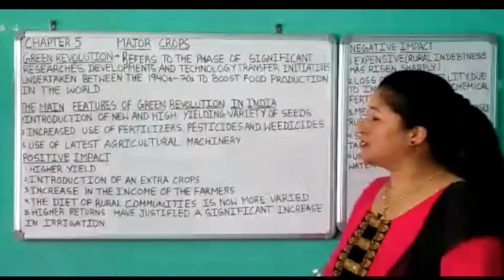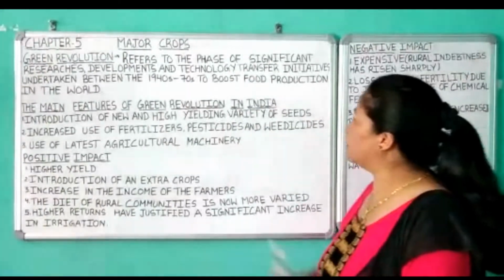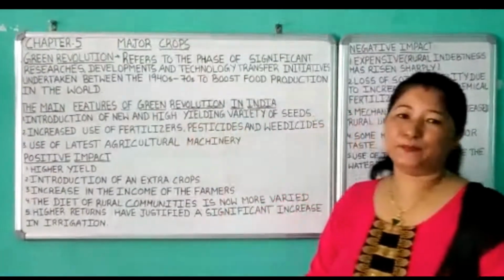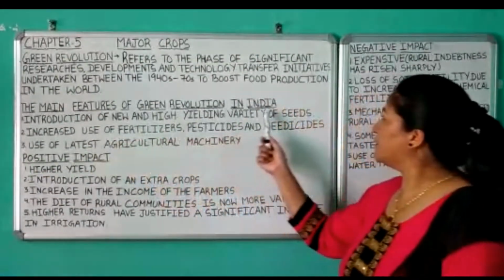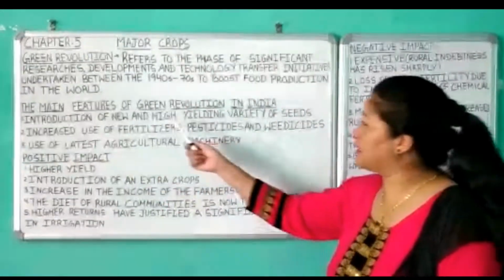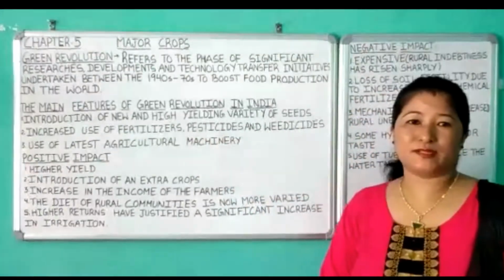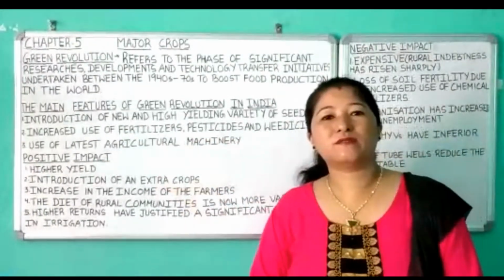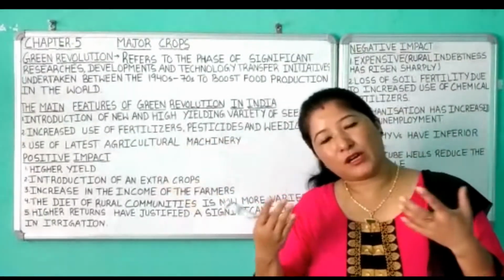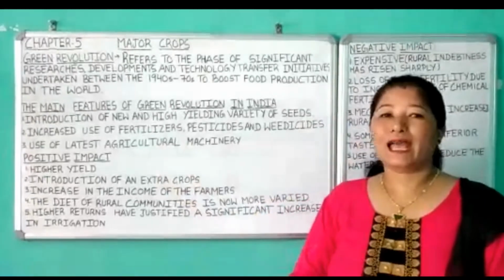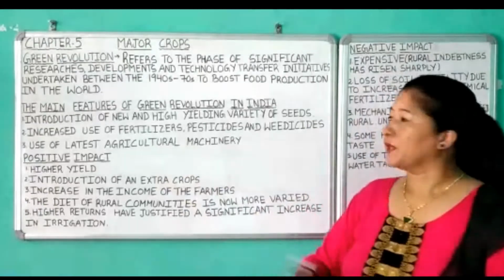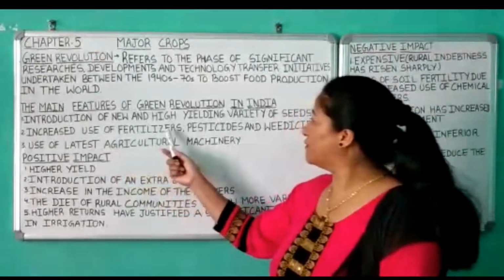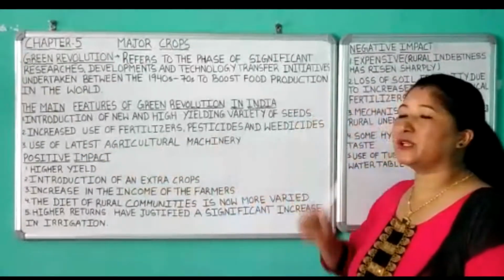Now let us see what were the main features of Green Revolution in India. Number one, introduction of new high yielding variety of seeds. Like the HYV seeds were introduced, which are good quality seeds that yield more, and at the same time the growing period was very short. Number two, increased use of fertilizers, pesticides and weedicides.